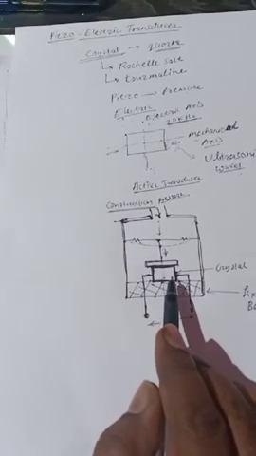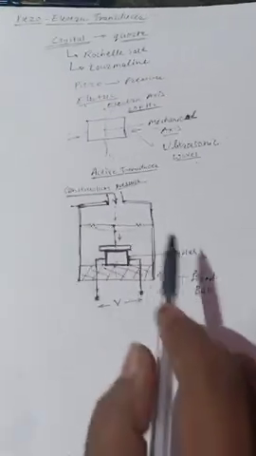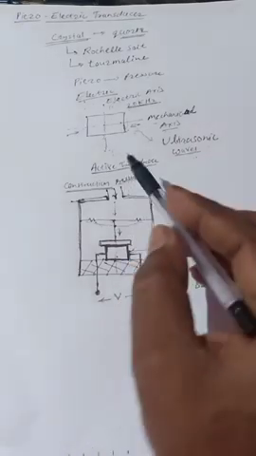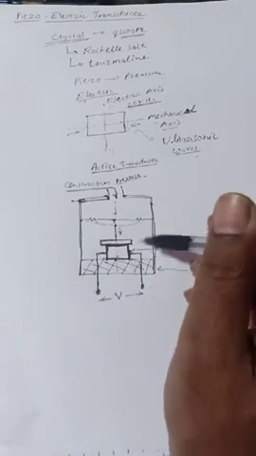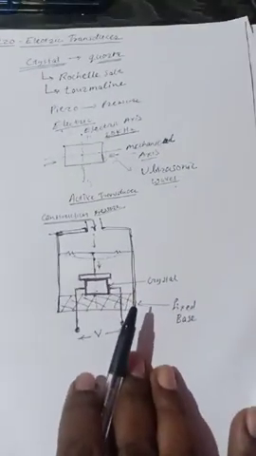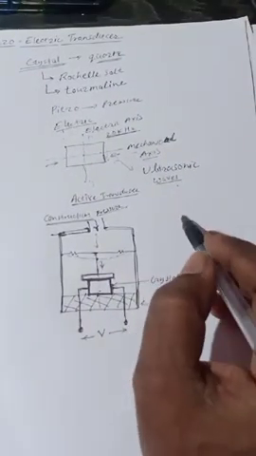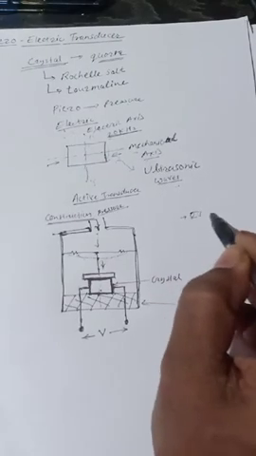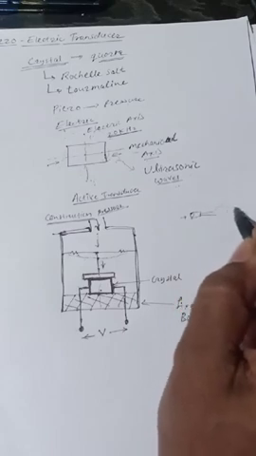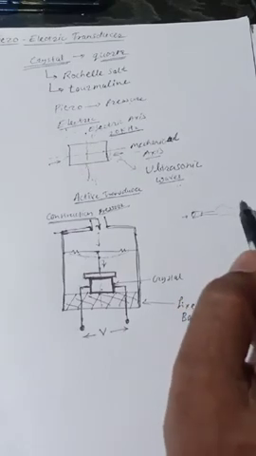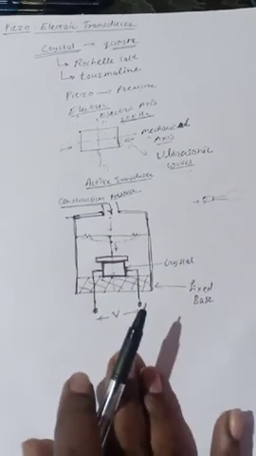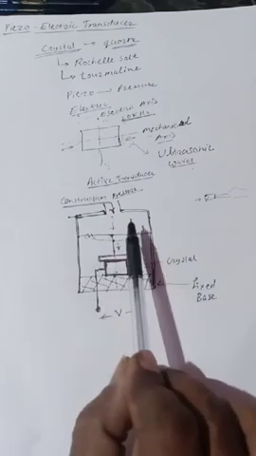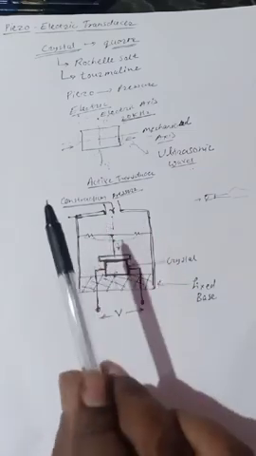Okay, if you see the working of this transducer, it is just like a mic. What is the working of a mic? If you speak in front of this mic, it generates the electrical signal, and that is connected to the amplifier, which amplifies it. Here also it is a mic type action.